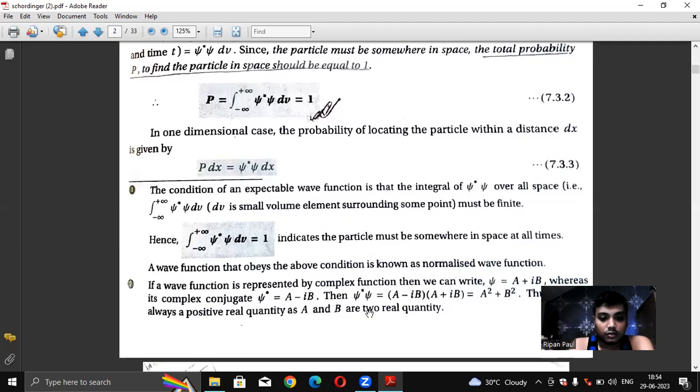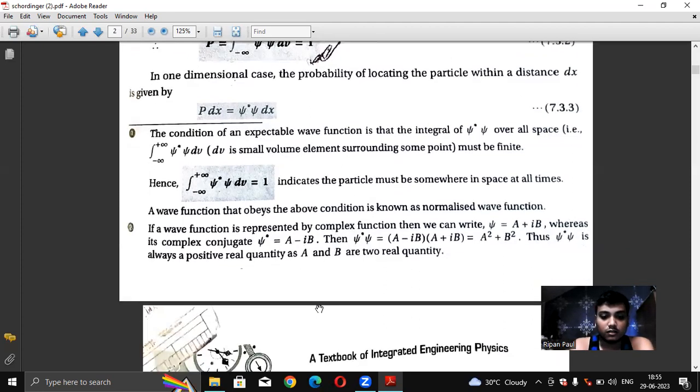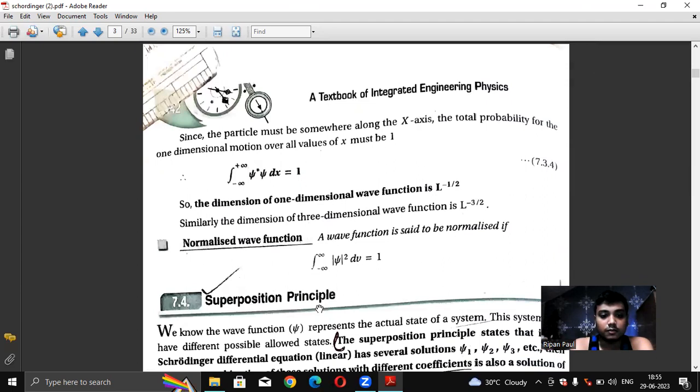Here you see one is given as a minus i b. This is the complex form, with a real part and an imaginary part. This is solved here. a and b are real quantities and i is the imaginary quantity. This is explained briefly. And here it is written, the one dimensional wave function is L to the power minus half.